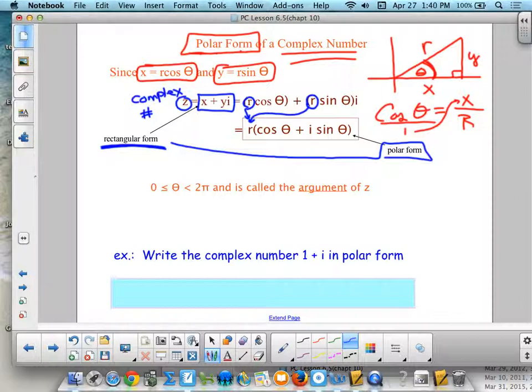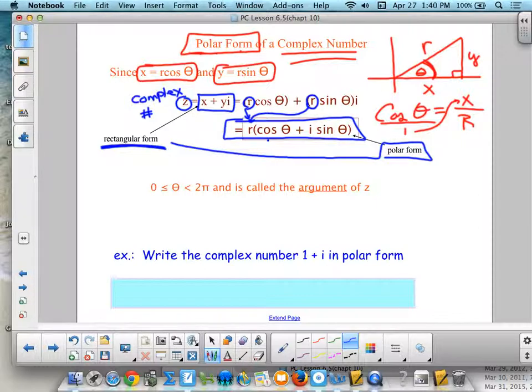And by the way, I always put the i behind sine, just because it's yi or bi, I like the i in the back. So, you guys, what form do we call that? Polar form. This is rectangular form. Your job will be to go from here to there.